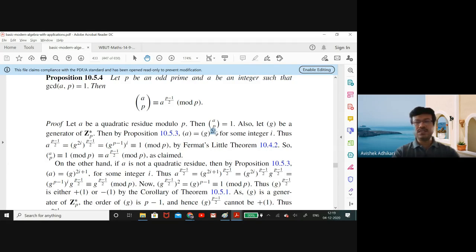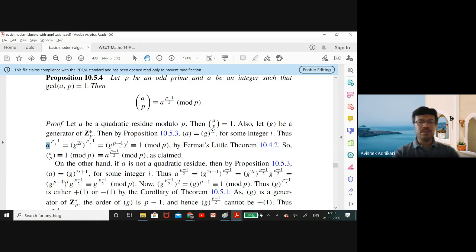That means the power has to be even. Thus, consider A to the power (P minus 1) by 2, the right hand side. In place of A, I put G to the power 2i, so ultimately this is G to the power (P minus 1) to the power i.